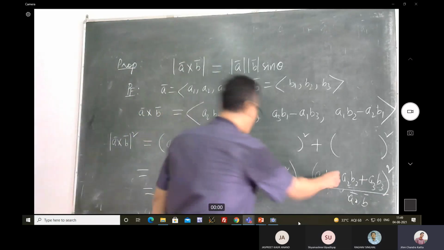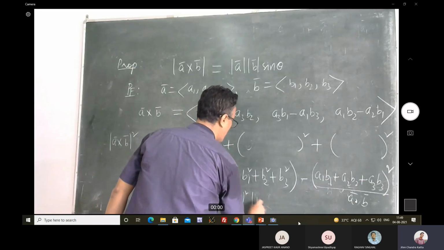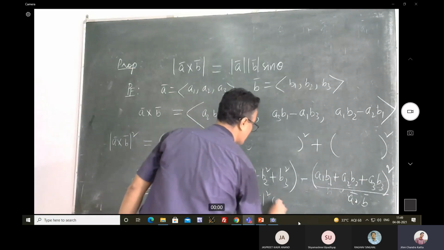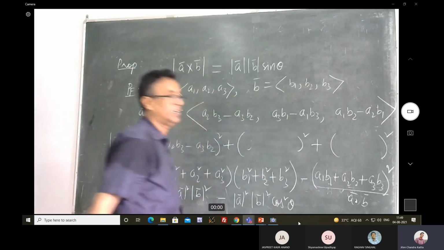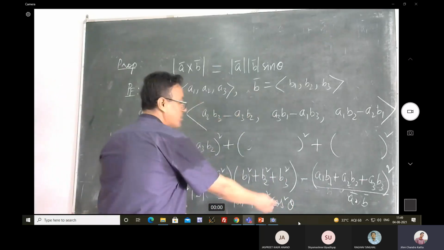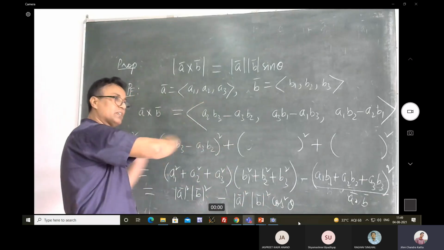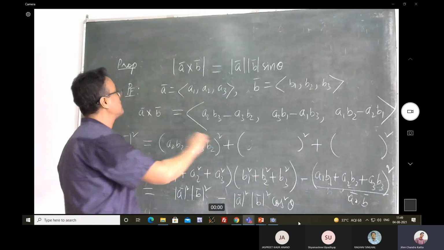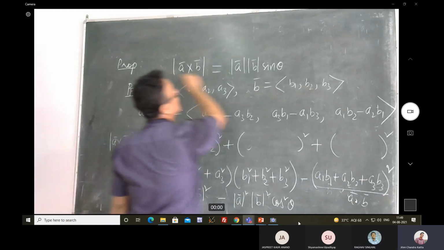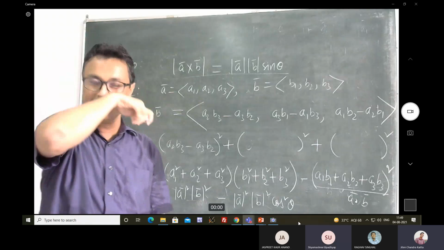So from here I am going to get mod A squared, mod B squared, cos squared theta. You can easily take this out, then that is going to be 1 minus cos square theta, that is sin square theta. So eventually from there you are going to get this. Is it okay? Fine?